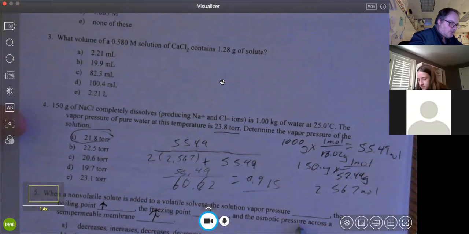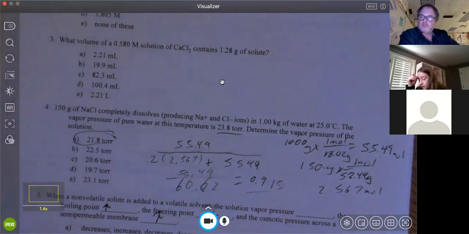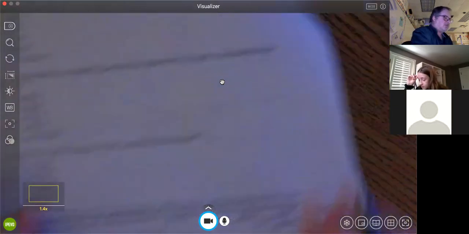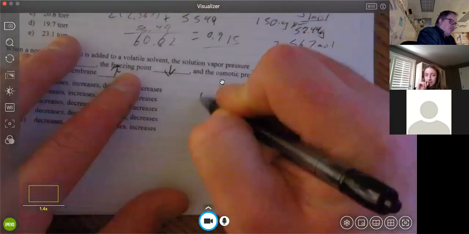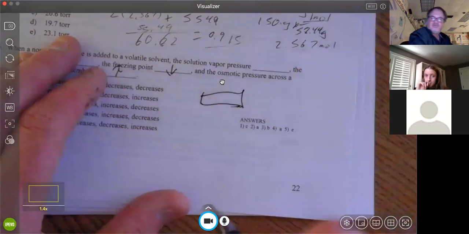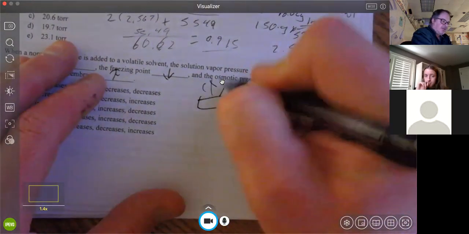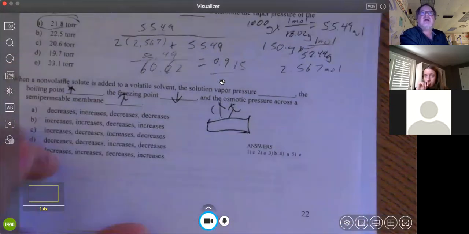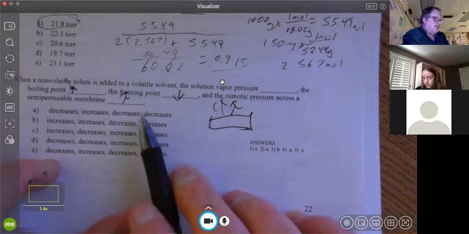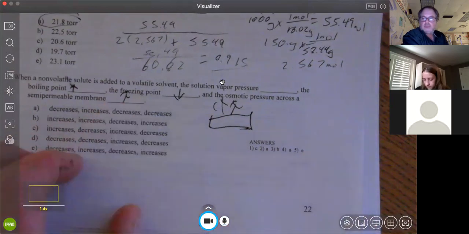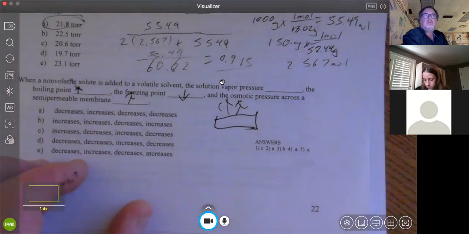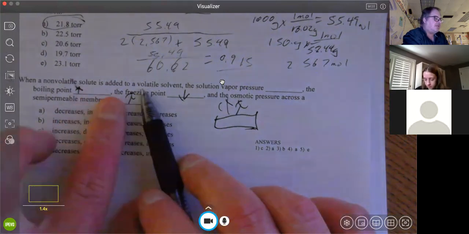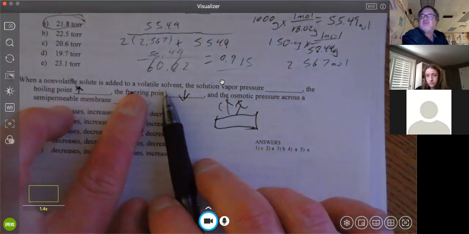Okay, I think I'm just confused about what non-volatile versus volatile means. Right. So volatile, like even water in our atmosphere is kind of volatile. It will evaporate by itself, right? It'll vaporize. But something that's more volatile will do it much quicker. Basically, all volatile means is it can vaporize.